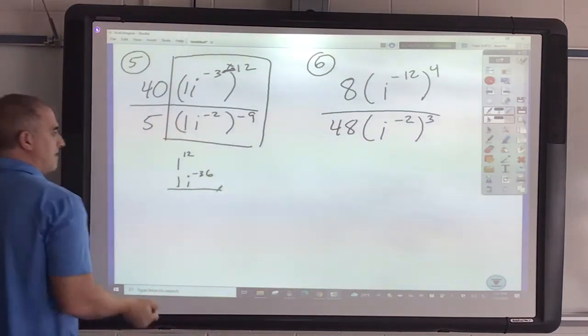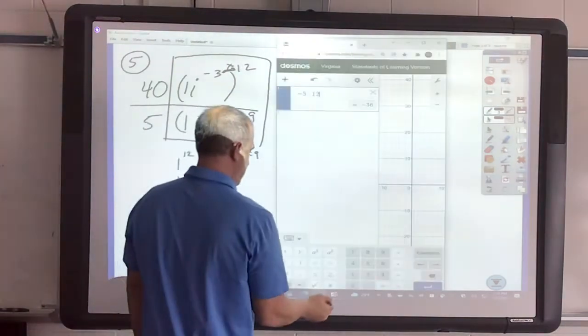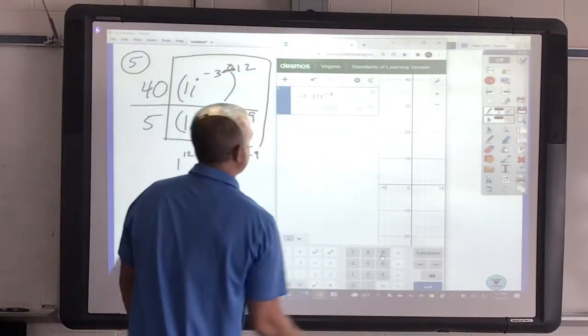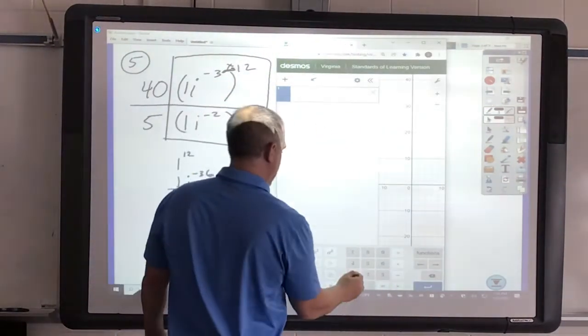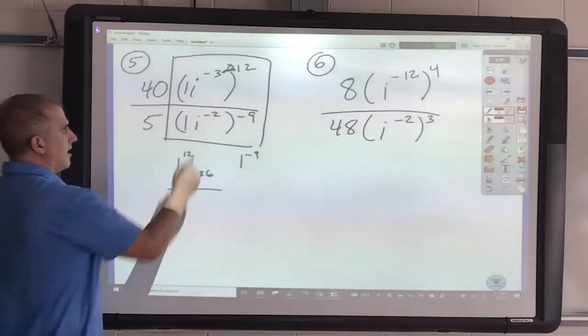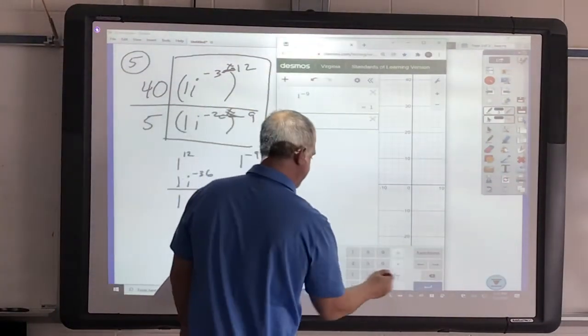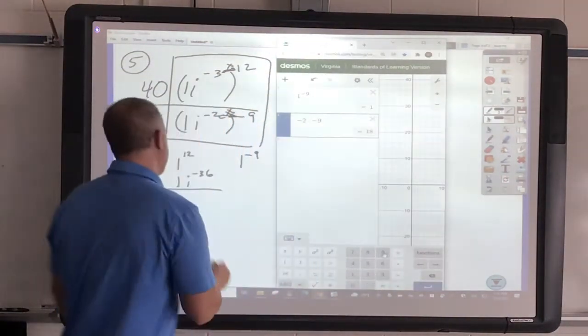This bottom is the same thing. I'm going to do 1 exponent -9, and as you can see, 1 exponent -9 is just 1. Then I multiply those, -2 times -9 is 18.